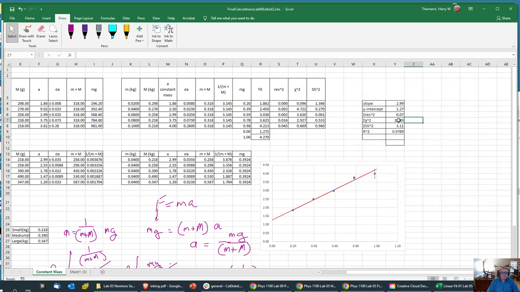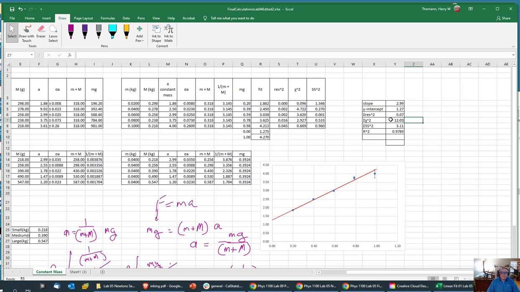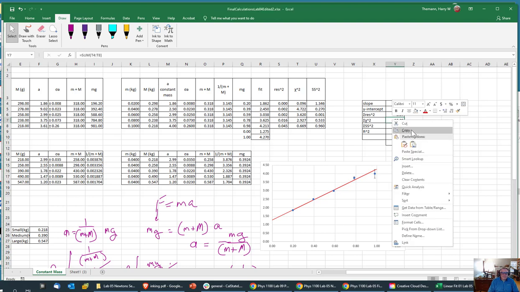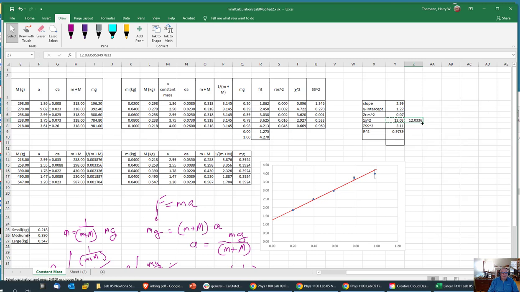Why is it doing that? I thought I was copying. Oh, right, that was a piece of drawing there. Okay. Copy. Paste number. And we've got ourselves some decimal places. And yeah, there it is.